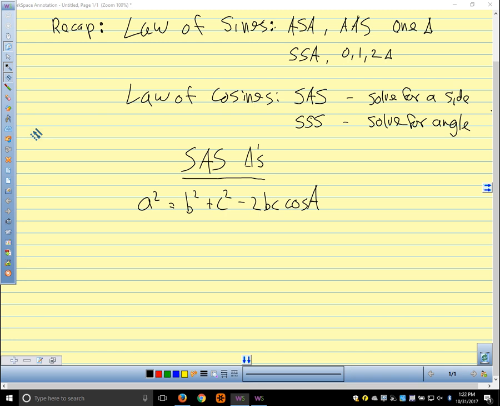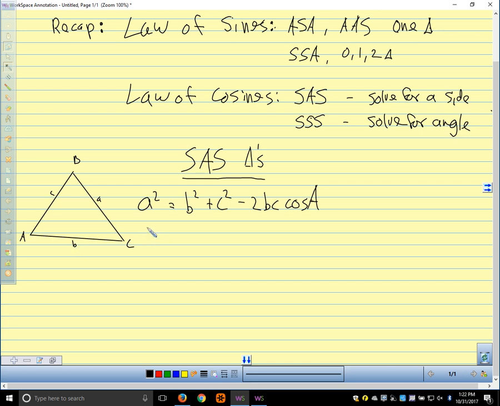Here's our triangle, just as a reminder: our sides, our angles, and our sides. b squared equals a squared plus c squared minus 2ac cosine b. And c squared equals a squared plus b squared minus 2ab cosine c.